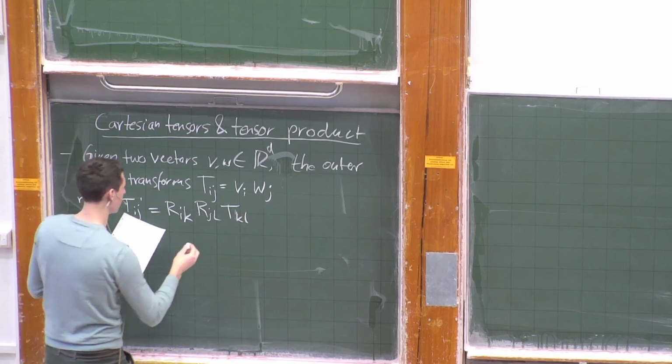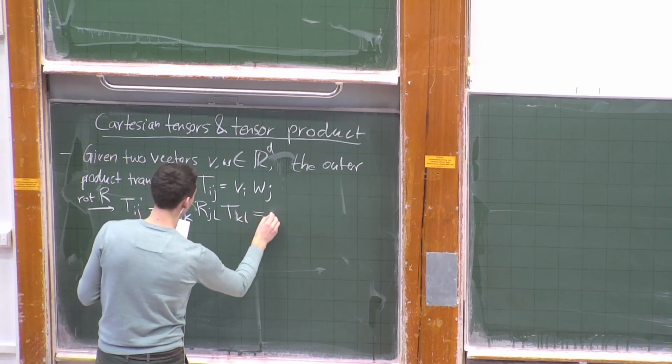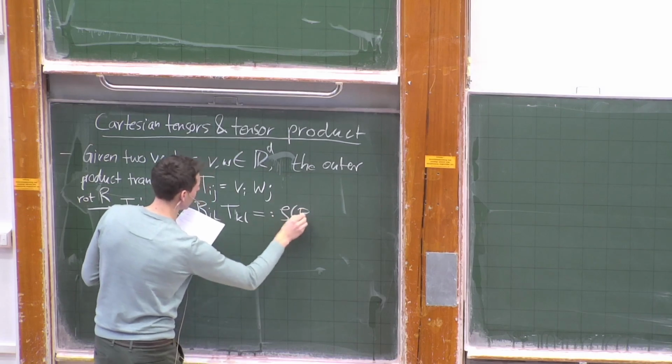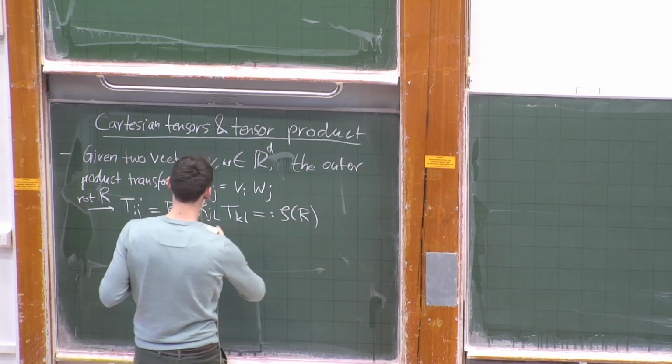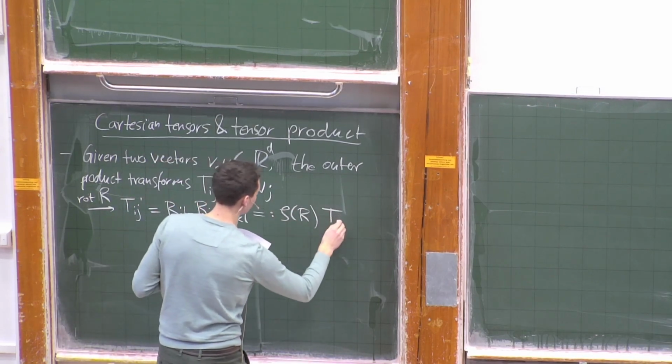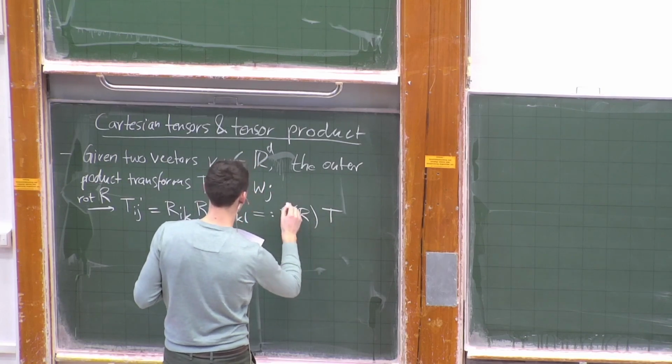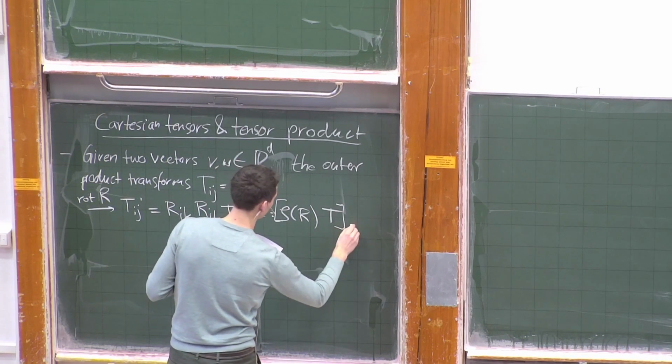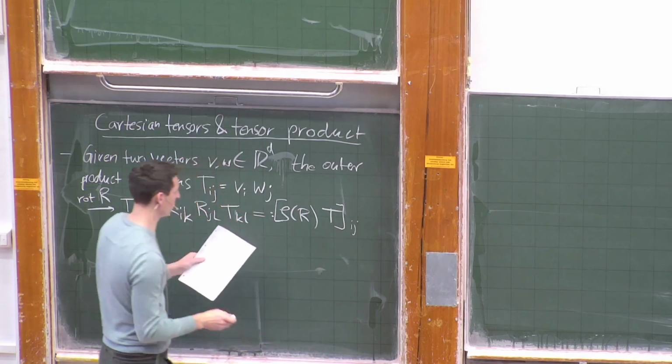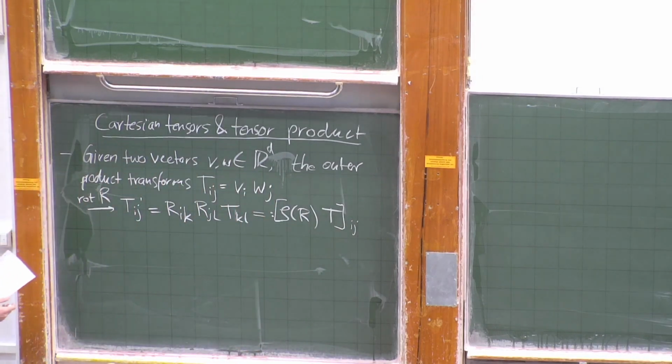And then this, we could say, is the representation that acts on this tensor in components ij.